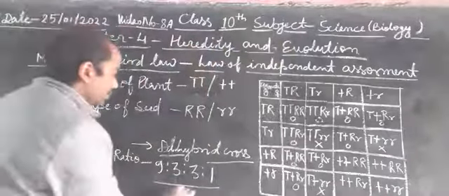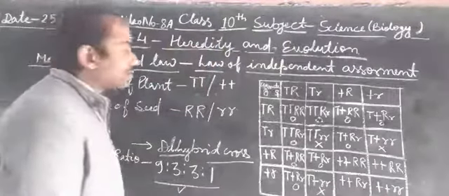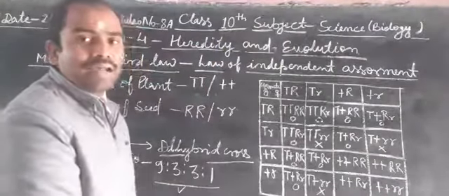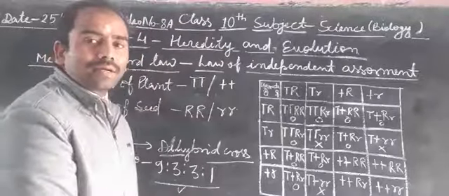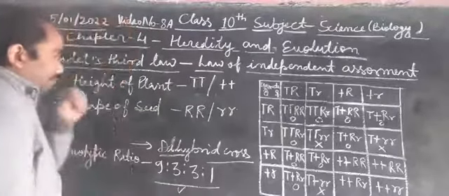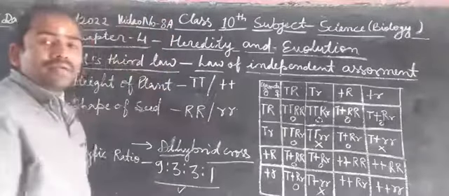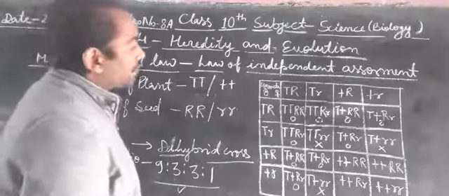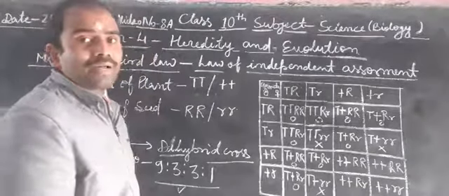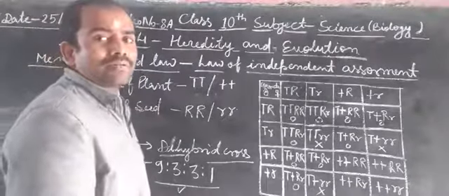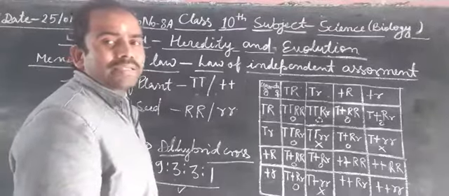So 3. Okay. 3 plants are tall and they have wrinkled seed. Next character will be round and dwarf plant. Plants are dwarf, but seed is round.